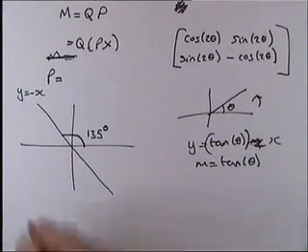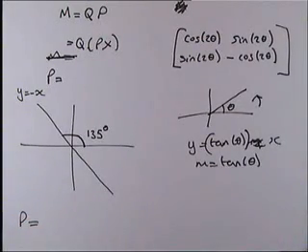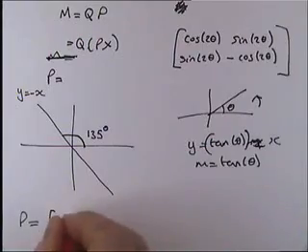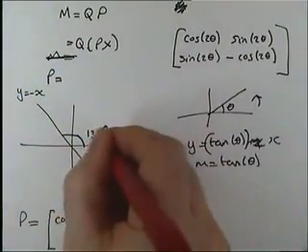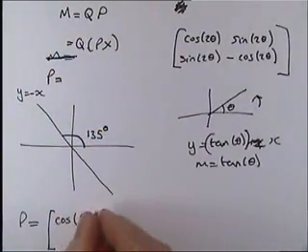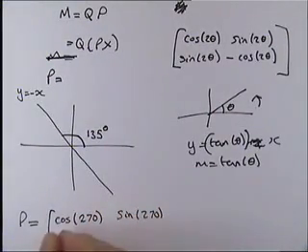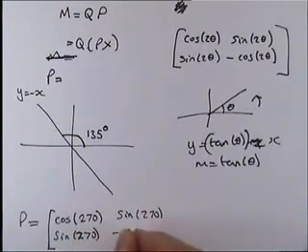So now to work out P, which I'm calling the reflection matrix, it's going to be cos of 2 of those, which is 270, sine of 270, sine of 270, minus cos of 270.